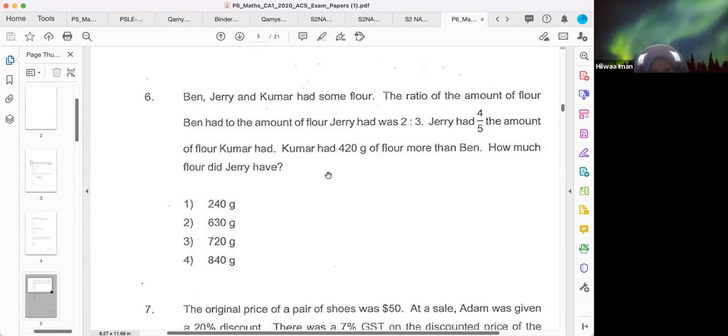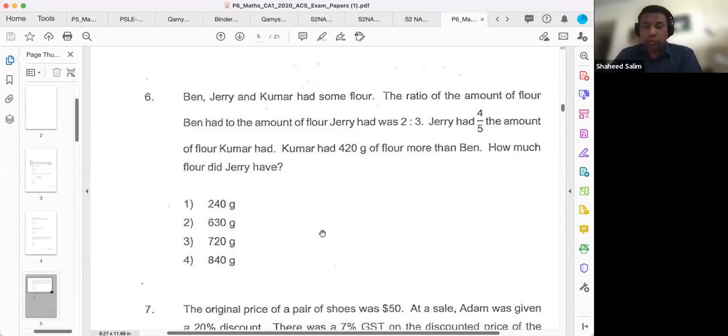It is 280 grams. But it's not here. Is your answer 280? Okay, you show me your working. You got your working. You just put it up.